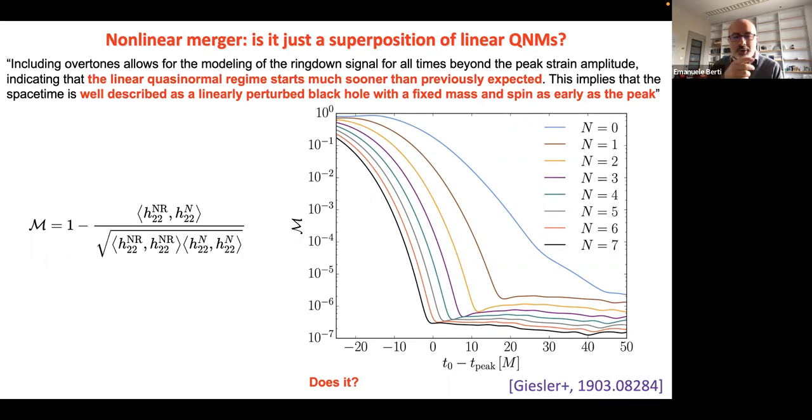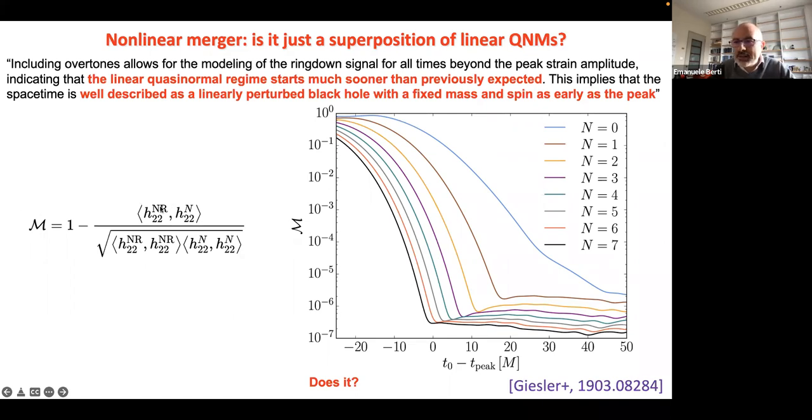Okay, in fact, what Alex was asking is what I'm showing here. So what has the Caltech group done, Giesler and others? What they said, well, okay, why don't we throw all of the overtones into the mix? And if you throw all of the overtones into the mix, you can compute a number that is called a mismatch.